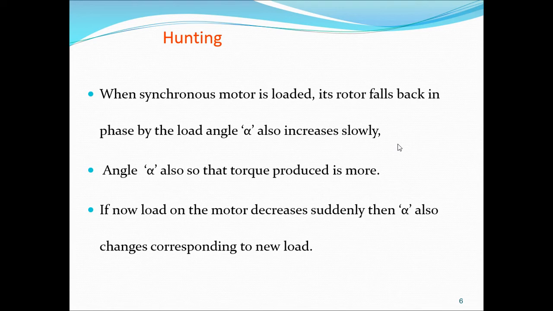Suppose the load on the motor is suddenly decreased, not gradually, but suddenly reduced. The motor is immediately pulled up or advanced to a new value of alpha corresponding to no load. But in this process, the rotor overshoots and hence is again pulled back. The rotor is pulled forward when the load is decreasing, and falls back when the load is increasing.